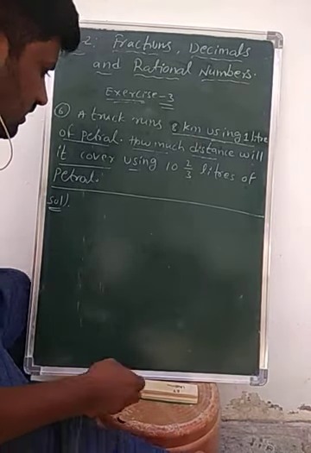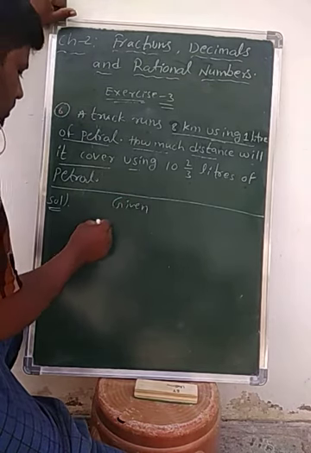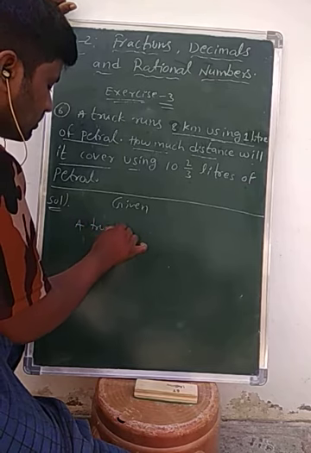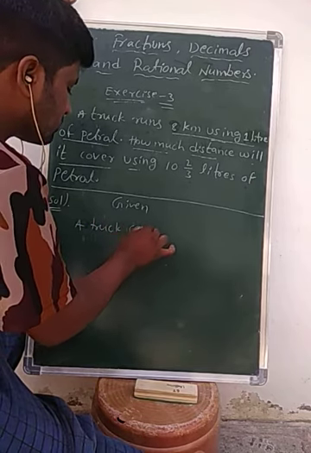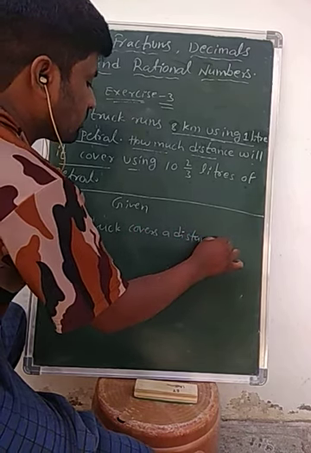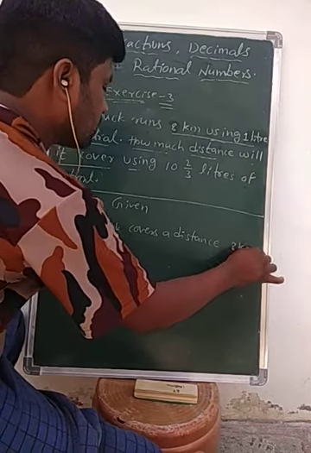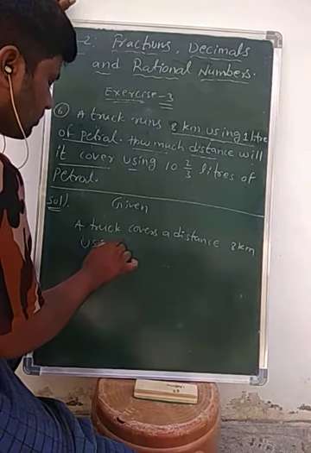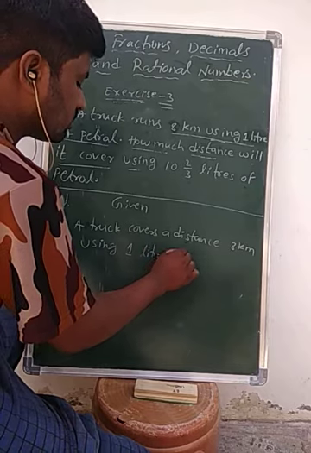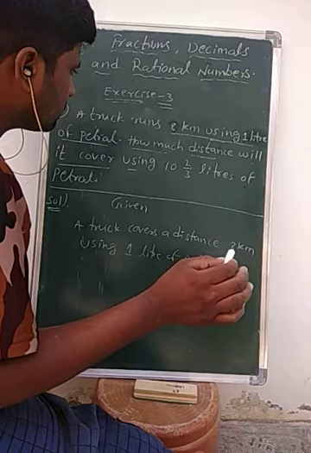I am writing the data. What is the given data in this? A truck covers a distance 8 kilometer using 1 liter of petrol. 1 liter petrol.